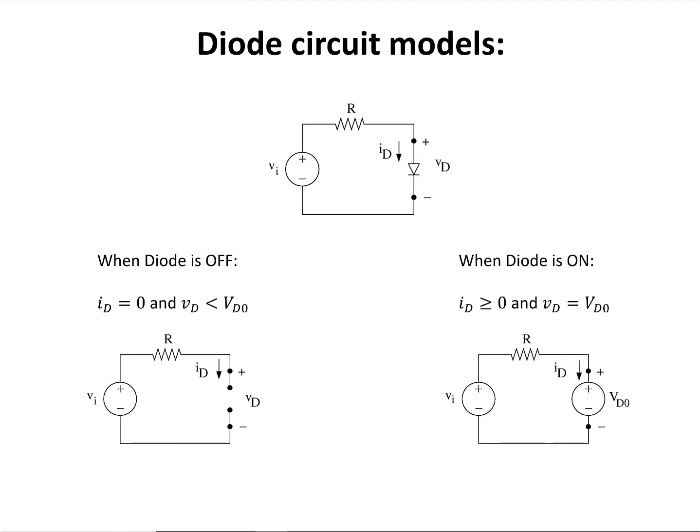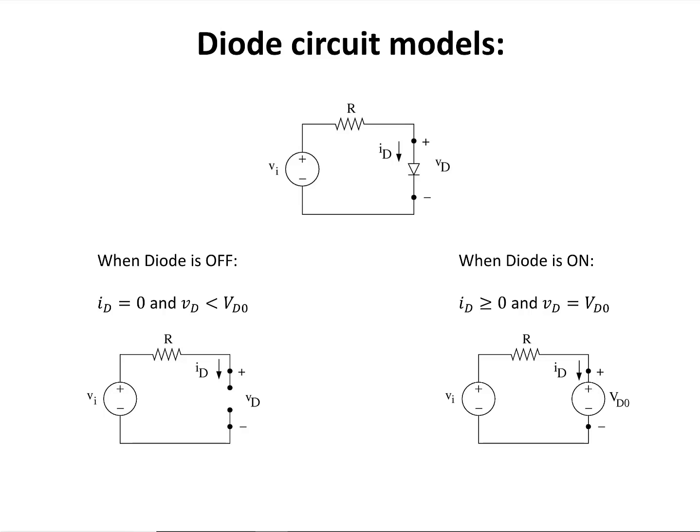Let's see how we can solve diode circuits using the models and the piecewise linear equations that we derived for the two states of the diode. One way to solve a diode circuit is to assume a state of the diode, either on or off, then find the current or voltage across the diode and compare it with the equation related to that state.